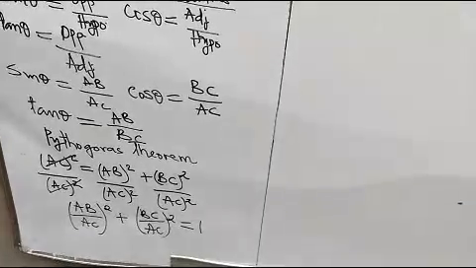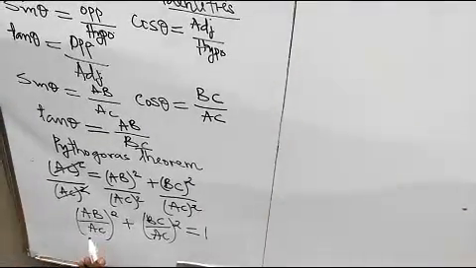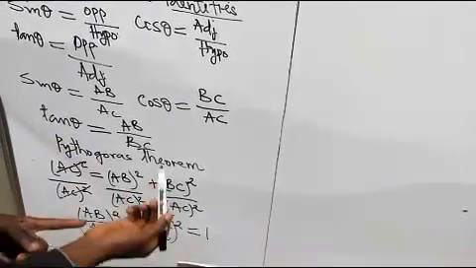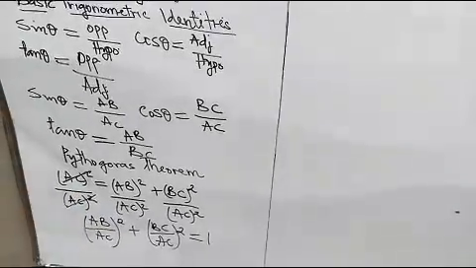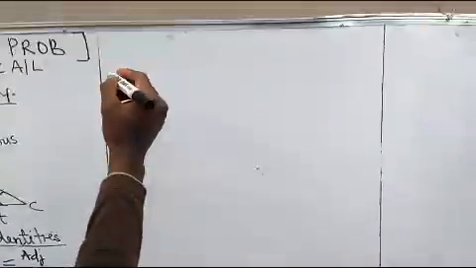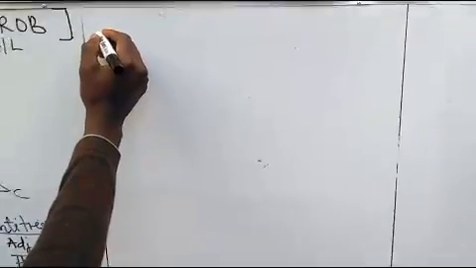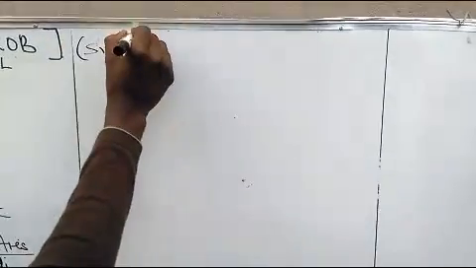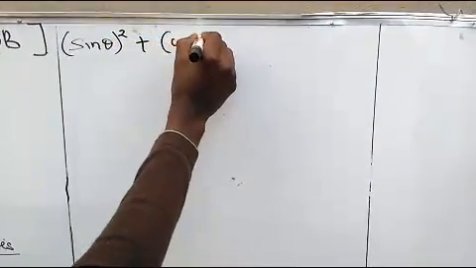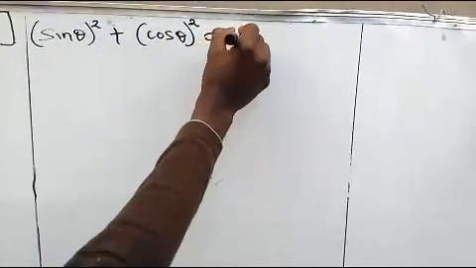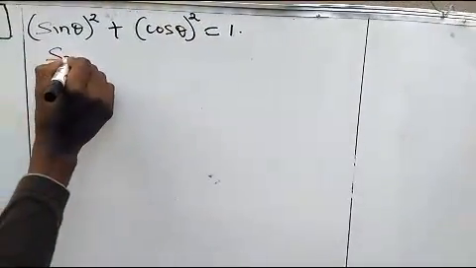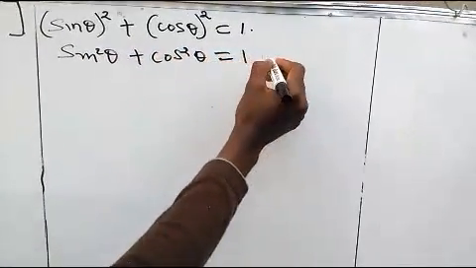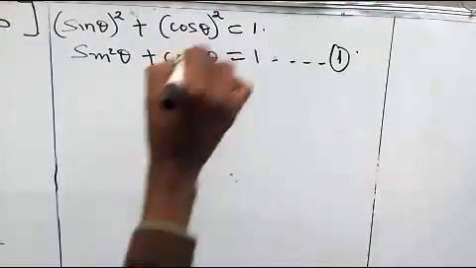Now we are going to substitute our trigonometric identities AB on AC, which is simply sine theta, and BC on AC, which is simply cos theta. We are going to have sine theta all that squared plus cos theta all that squared equals to 1, which simply implies sine squared theta plus cos squared theta equals to 1, which is our first trigonometric identity.